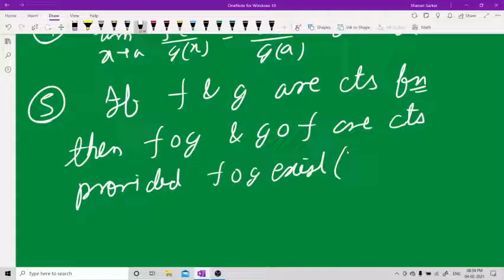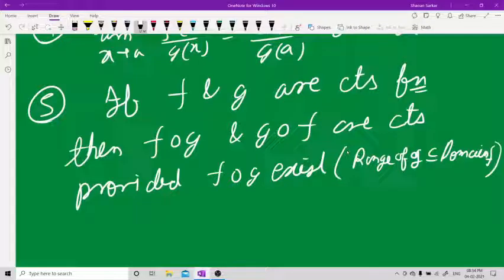That is, the range of g should be a subset of the domain of f. I've already made you understand when fog and gof exist this way.